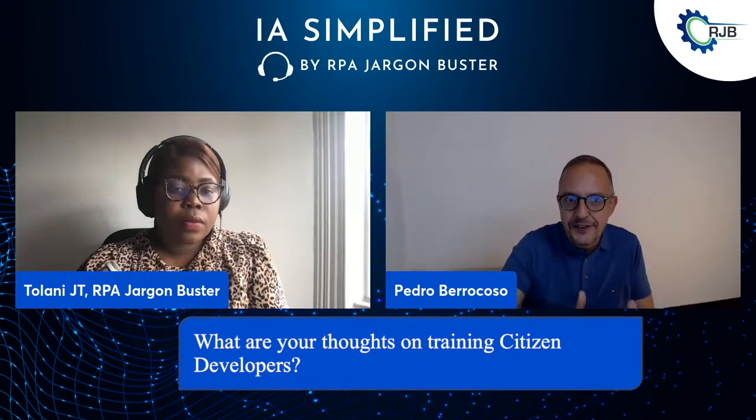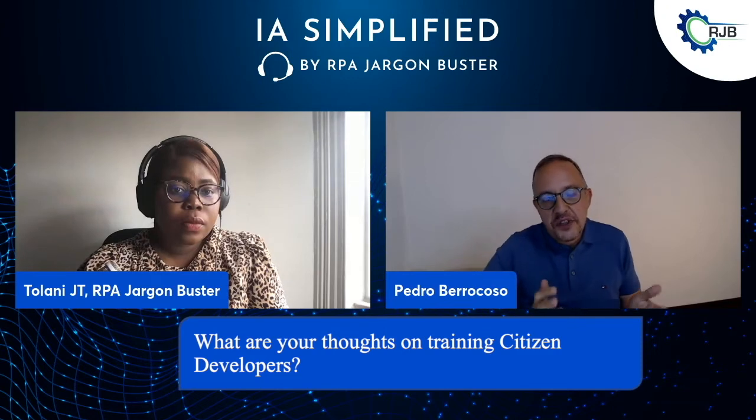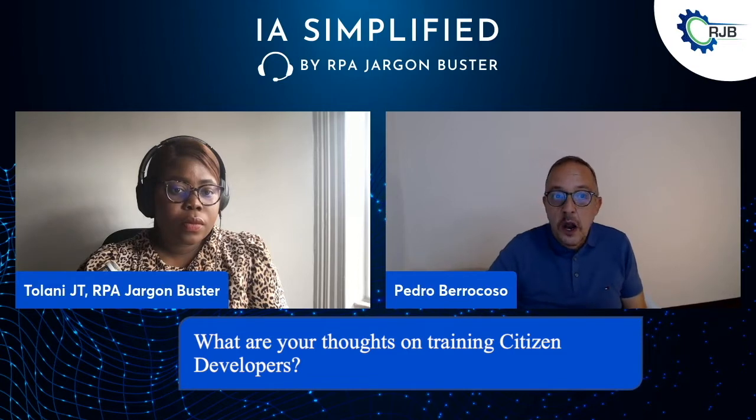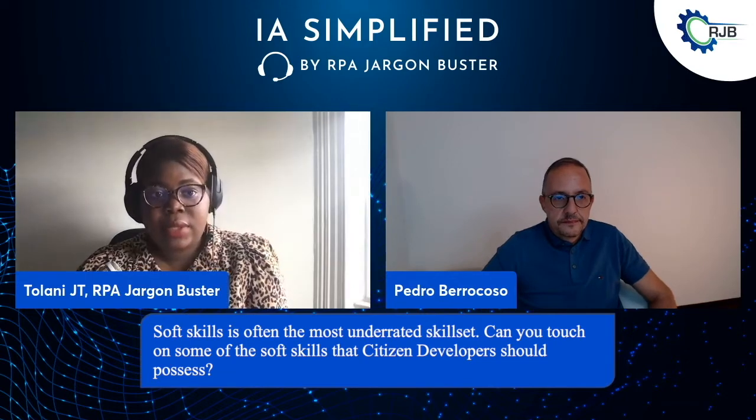So how do I identify if a process is really ripe for automation, or if a process needs something else before, for instance, standardization? And we need to think about soft skills in order to be able to coach other people and help others follow along or be supported during their own development activity.